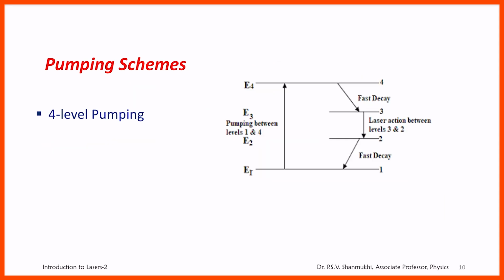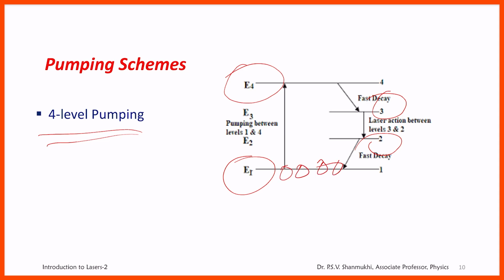Coming to the 4-level pumping scheme. Generally, we can expect here there exist 4 energy levels. What are the 4 energy levels? Ground state is E1, excited state E4, and there are 2 metastable states E2 and E3. As usual, initially atoms stay in the ground state.